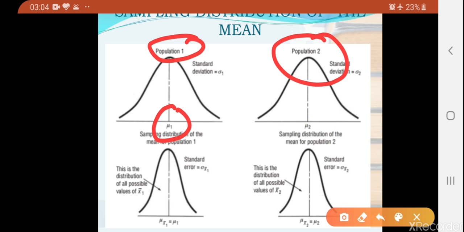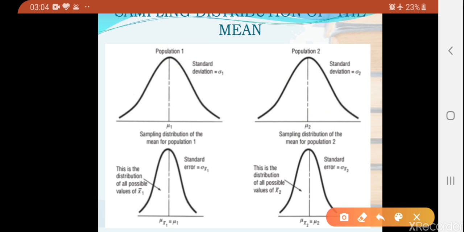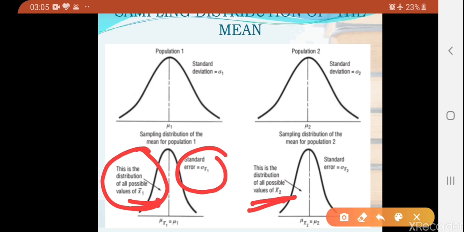Beneath each, we show the sampling distribution of the sample mean for that population. This is the distribution of all possible values of the mean of population 1, and similarly this is the distribution of all possible values of the mean of population 2, and the standard errors are sigma x1 and sigma x2 respectively.